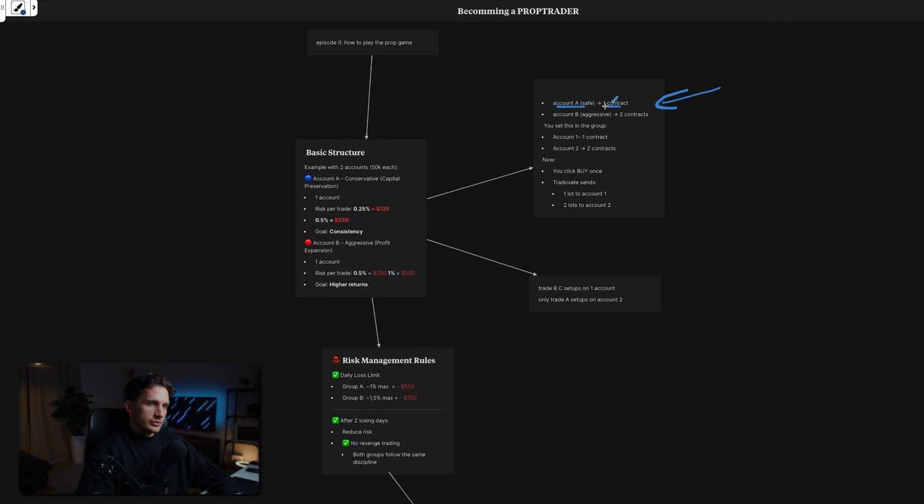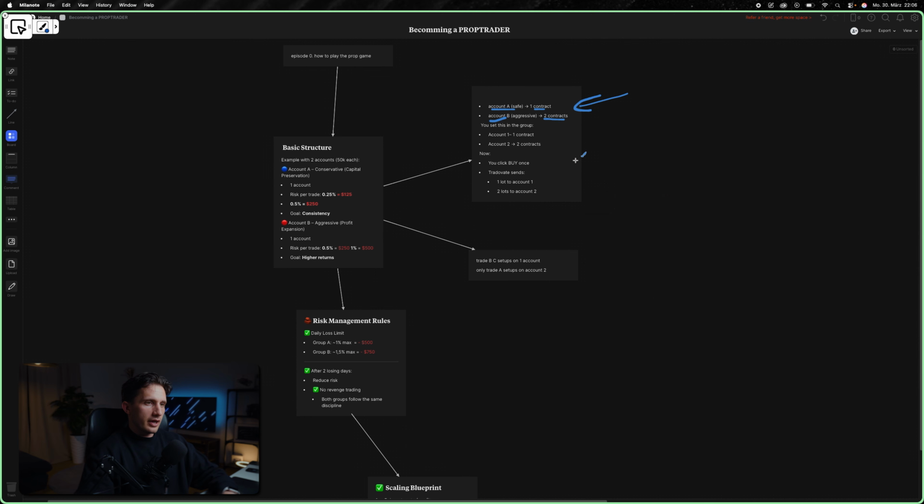You set your safe account with 1 contract and your second account with 2 contracts. So every time you place a trade on your safe account, the trade is copied to account B, and it gets 2 contracts. The aggressive one gets 2 contracts and your safe one gets 1 contract. So you click buy on TraderSync, 1 lot goes to account 1 and 2 lots go to account 2. That's how you can play this section.